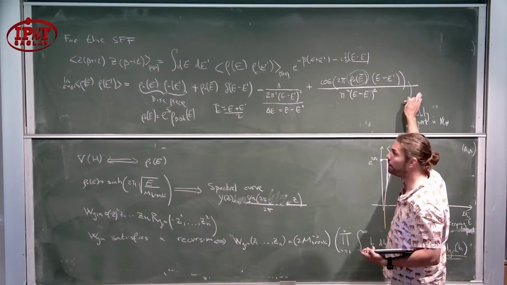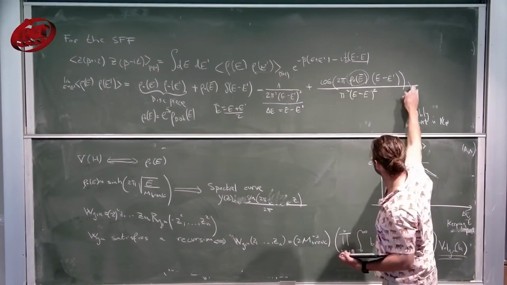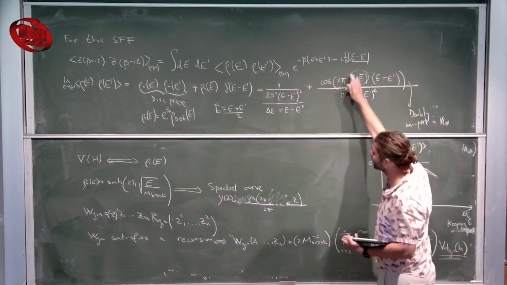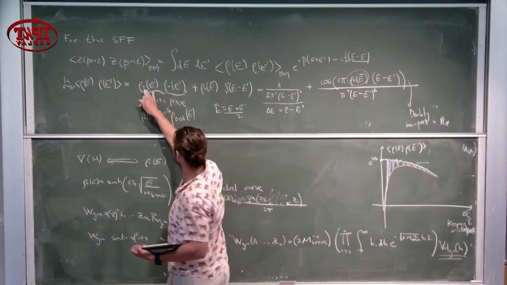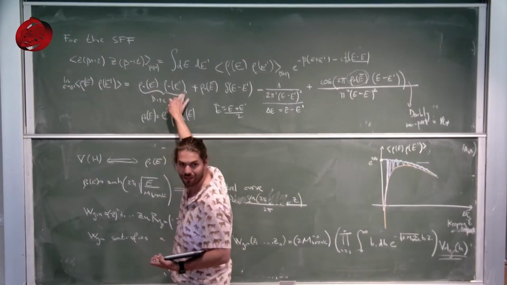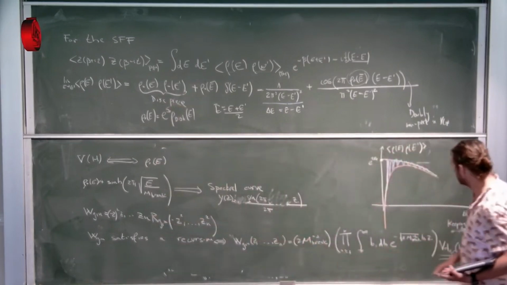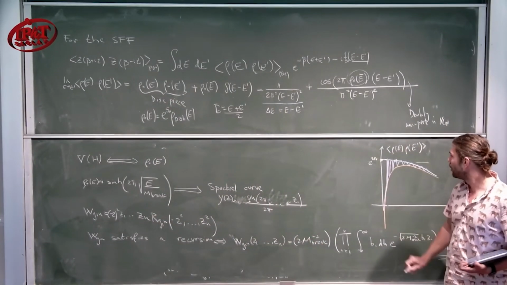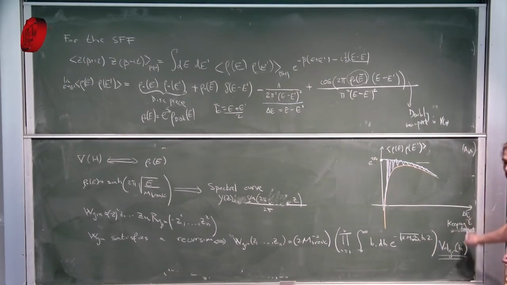And the order 1 piece that remains from the delta E expansion, coming from the cosine, actually cancels this disconnected piece. So that's why this density correlator goes to 0 as delta E goes to 0.